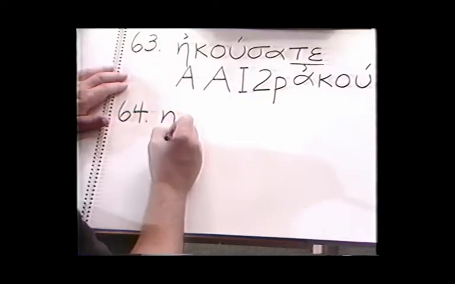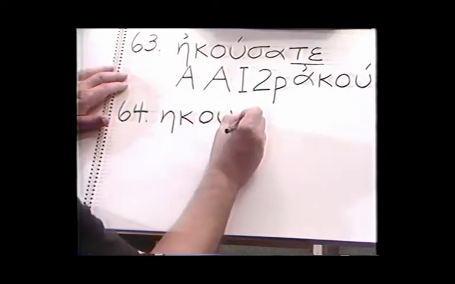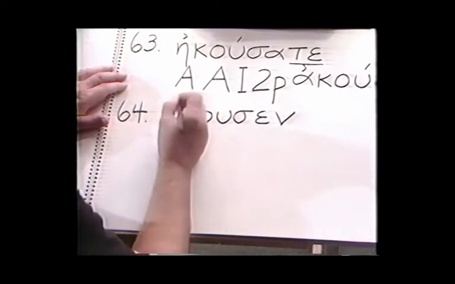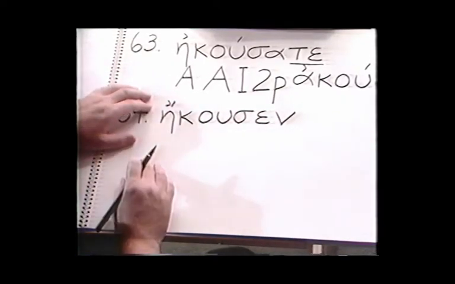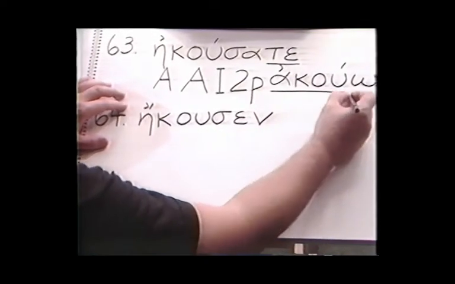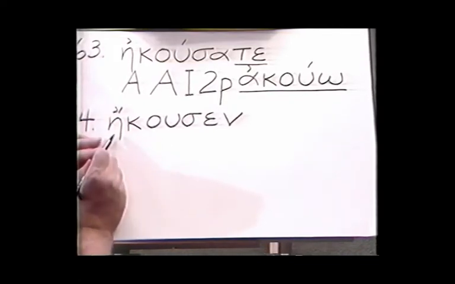Let's take a look at another, number 64, from this same verb, akuo. Akusen. The lexical entry is akuo, I hear. Is there an augment?